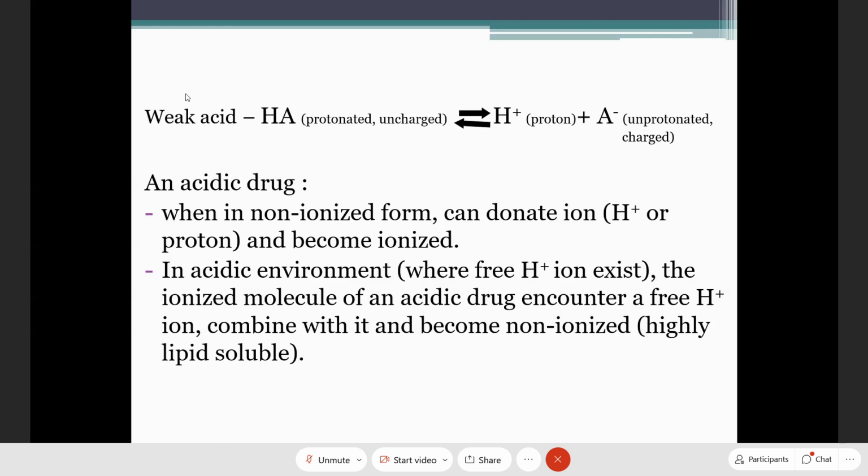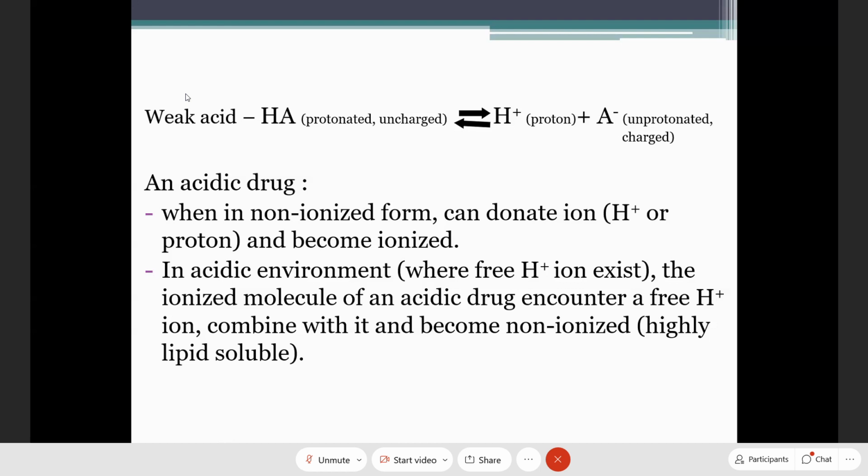This is not good, right here, because as you know, acidic drugs are hydrogen ion donors, whereas base drugs are hydrogen ion acceptors. So here they are always wanting to donate hydrogen ion and become ionized.